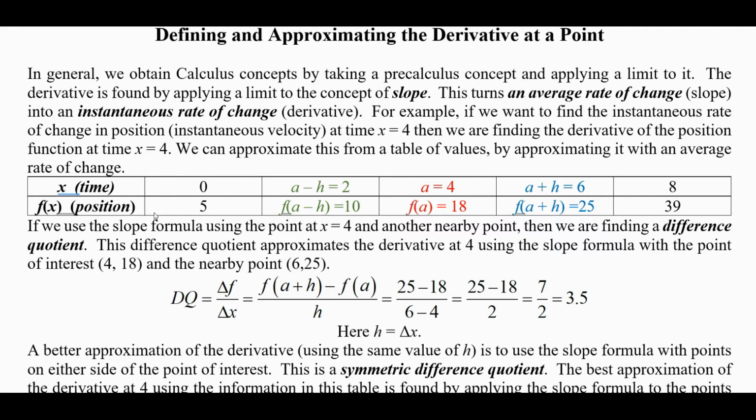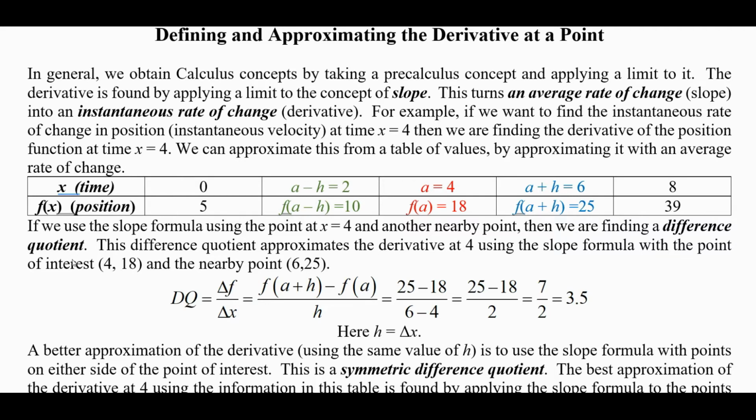And then we have their corresponding positions, 5, 10, 18, 25, and 39. So this might be times of days, maybe hours, after, say, noon: 2 o'clock, 4 o'clock, 6 o'clock, 8 o'clock. And these might be mile markers, say, on an interstate.